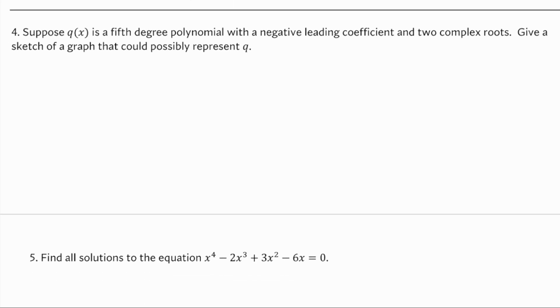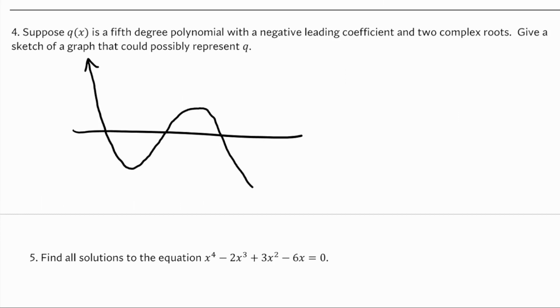We're asking for a sketch of a fifth-degree polynomial with a negative leading coefficient and 2 complex roots. So that means it's got 3 real roots. The most common response I got was a fifth-degree polynomial with a negative leading coefficient and 3 real roots. There they are. It can have 2 more turns if you want, but you don't have to.